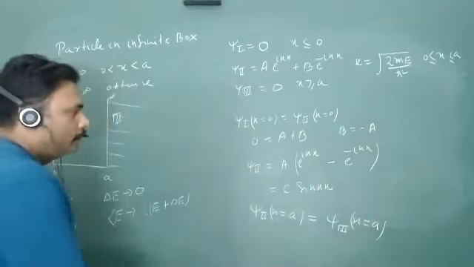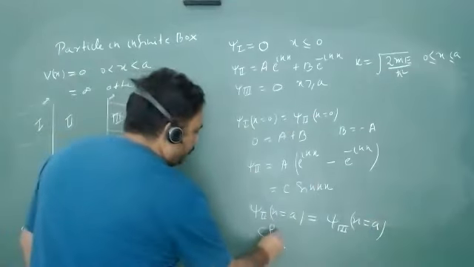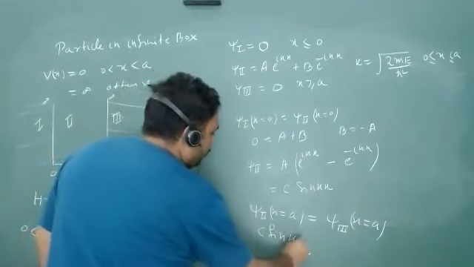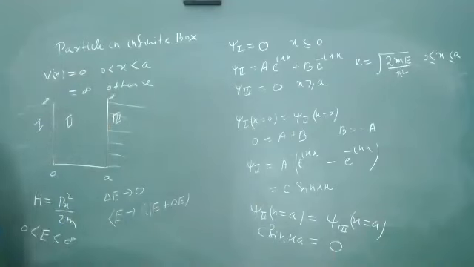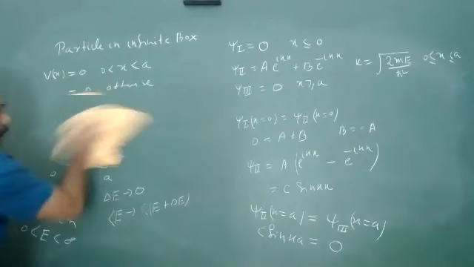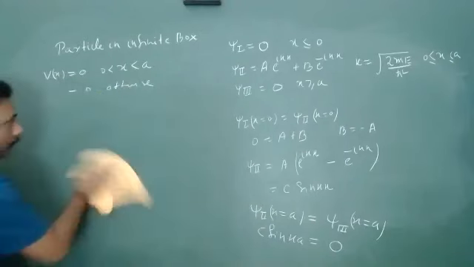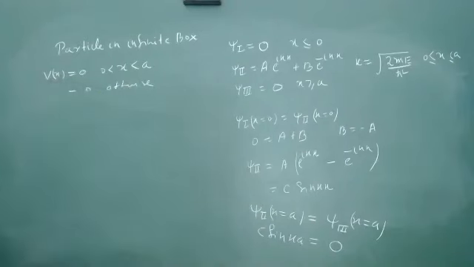From here, you can write c sine ka must be equal to 0. This gives a very interesting result. For c sine ka equal to 0, c cannot be 0, because if c is 0, then the wave function is 0. So I cannot allow c equal to 0.